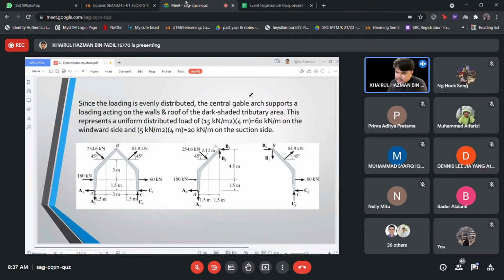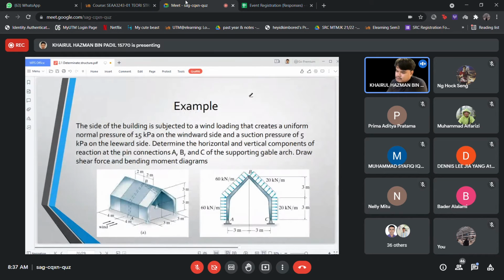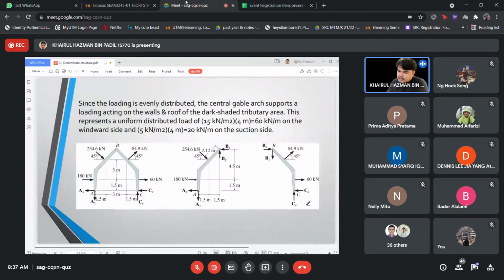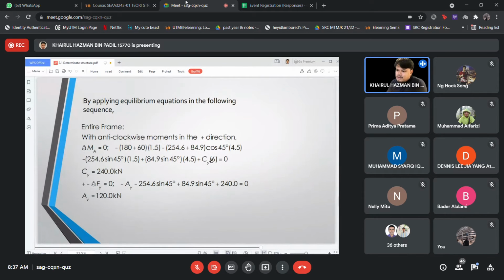As you can see here, if we have a UDL, you need to transform it to remove the meters, so multiply by the length, so you can get the point load there, and then you can do the analysis later on based on the angle. By applying the equilibrium equation, you can solve these structures.